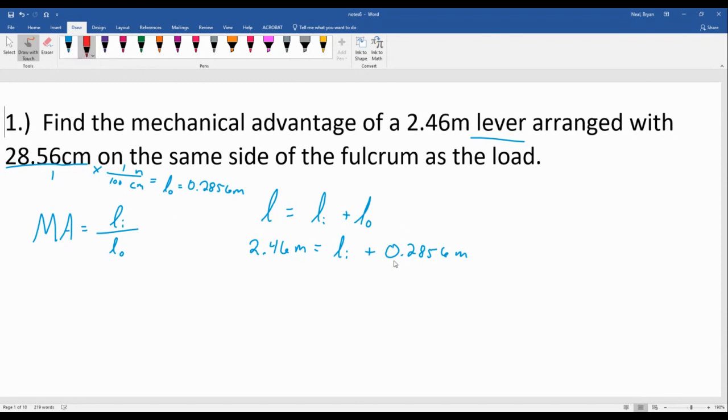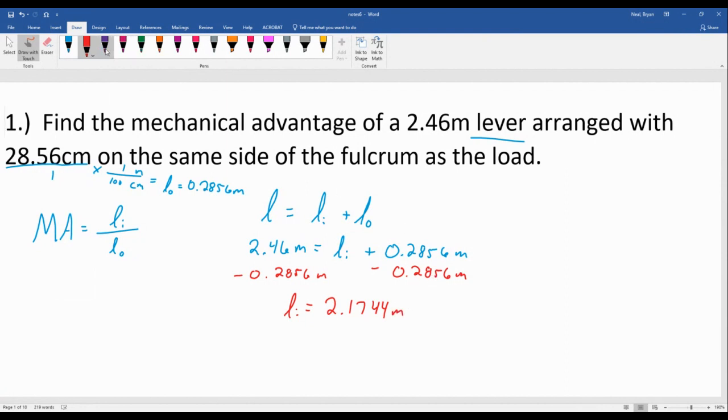And so there's only one thing here that we don't know. So it's addition right now. We can use subtraction to get rid of that number. We can clear it away and we can find out what our input length is. Once we have that, then we can plug back into our formula. So our input length here, this difference ends up being 2.1744 meters.